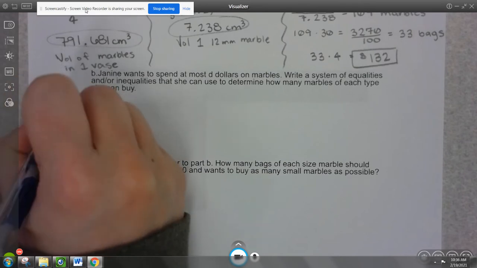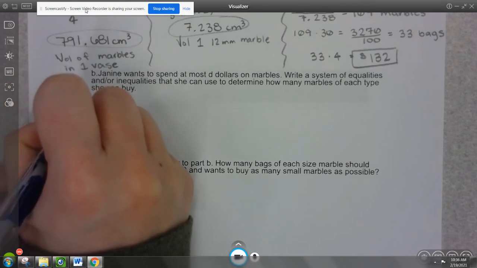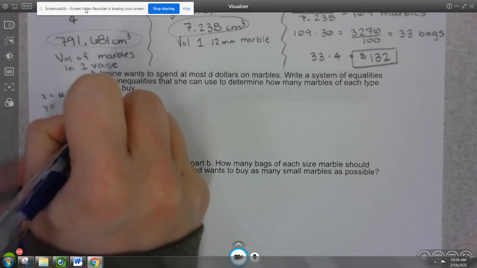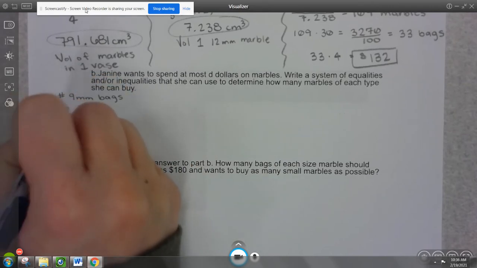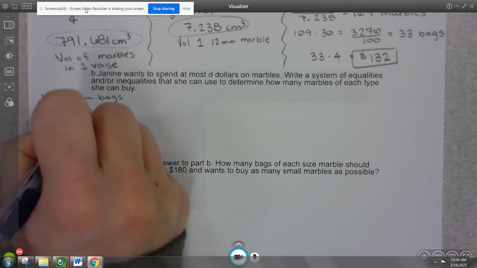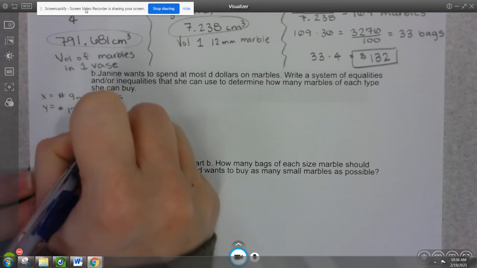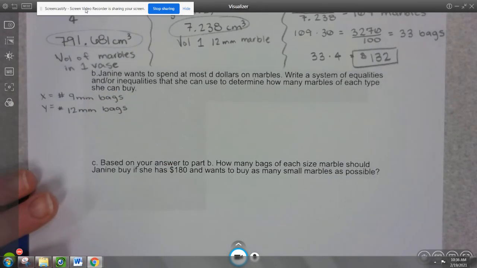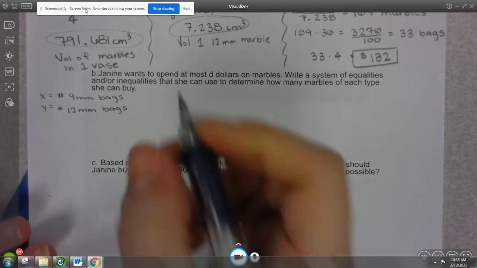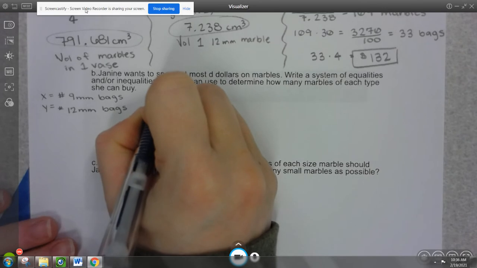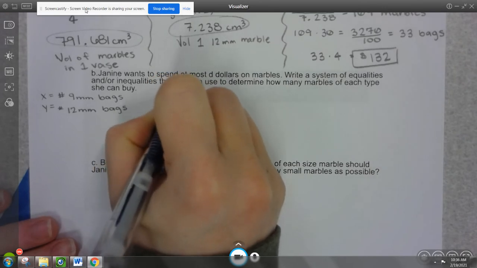So I'm going to have X represent the number of 9mm bags, and Y is going to be the number of 12mm bags. And I'm going to write two different inequalities or equations. The first one, I'm going to do a cost inequality. So we want to spend at most D dollars.